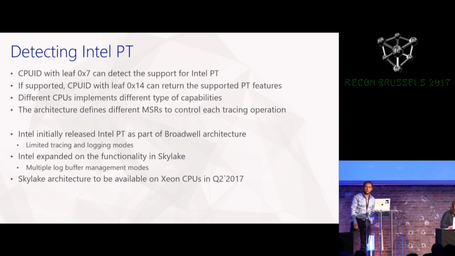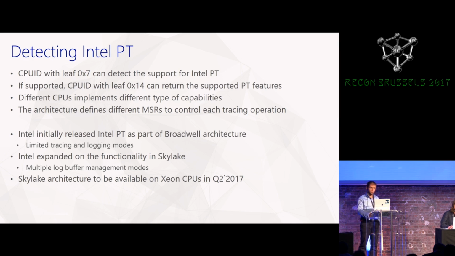One is used to detect the support for Intel Processor Trace. The second one is used to detect the features of Processor Trace, because different CPUs can implement different features. Processor Trace was first implemented in Broadwell architectures, but it was limited. Now in Skylake there is full support, and you can trace whatever you would like.